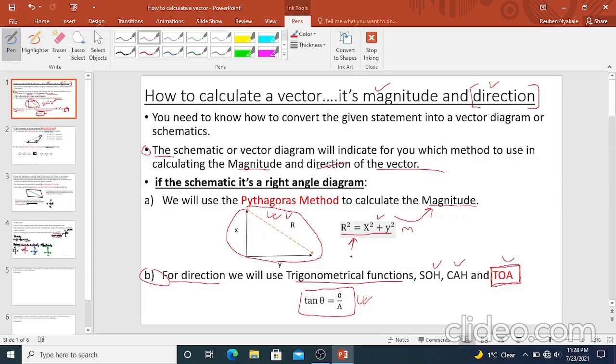Now another thing, the angle that you need to calculate in terms of your direction, you will always calculate the angle of where you have started drawing your vector diagram or your schematic. For instance, let's say we are told that Jomo is going north. You will make your Cartesian plane to indicate the direction of Jomo.